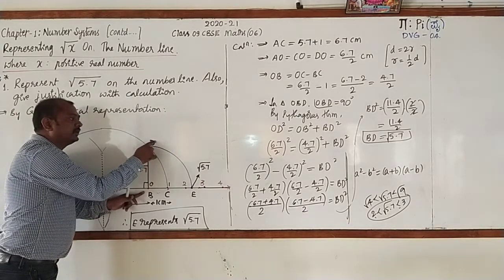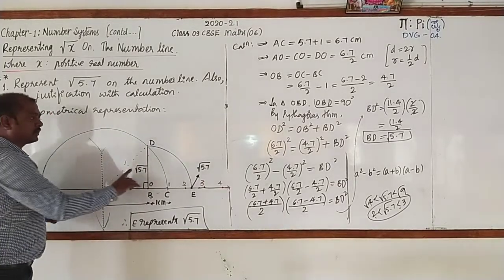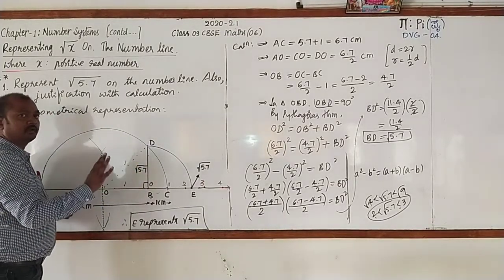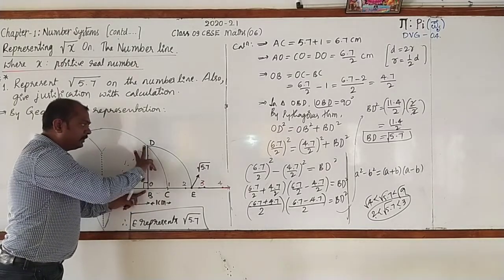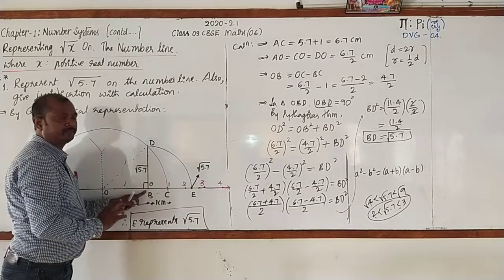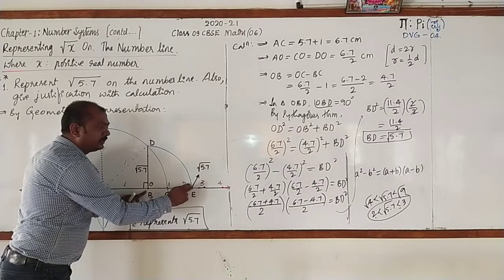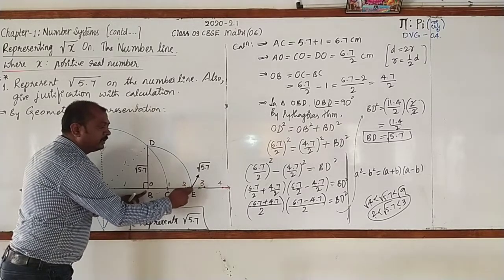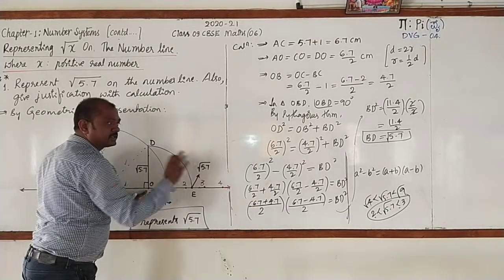Call this point D. Now, BD is square root of 5.7. Clear? Next, with B as center, BD as radius, draw an arc which cuts the number line at a point. This point is E. This is the point E which represents square root of 5.7.